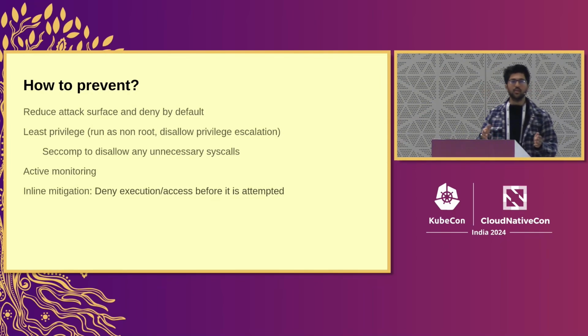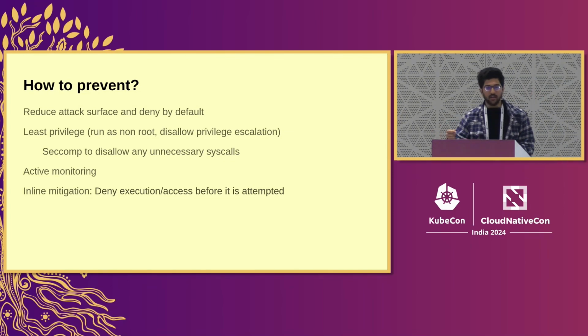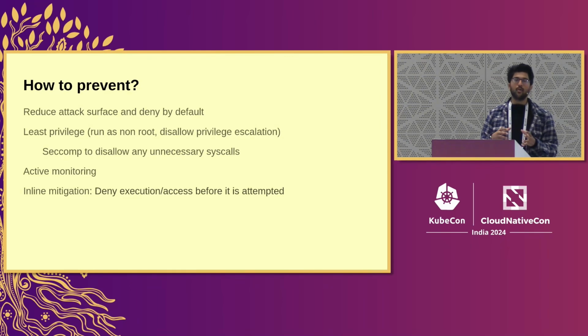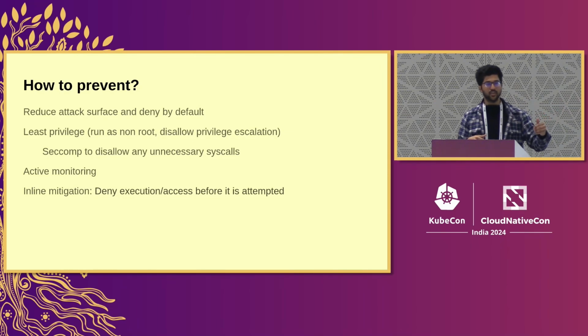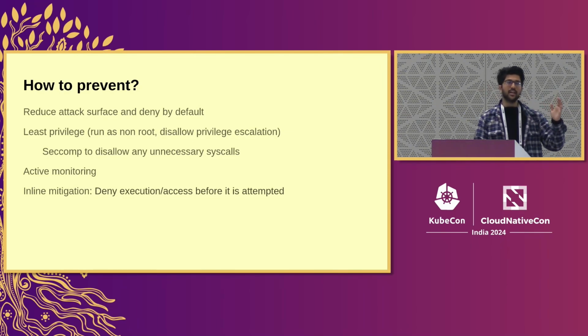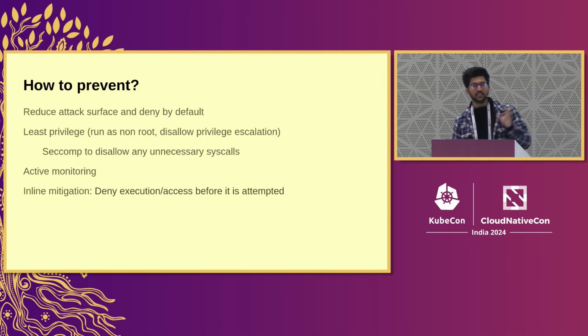Only allow the things which you know will be needed by your application to run properly, and apart from that, deny everything else. Provide just the least set of privileges to your workload and ignore everything else. By doing that, you are not creating a policy which just has the cases which we should deny, but a policy which denies everything by default and just allows specific things.